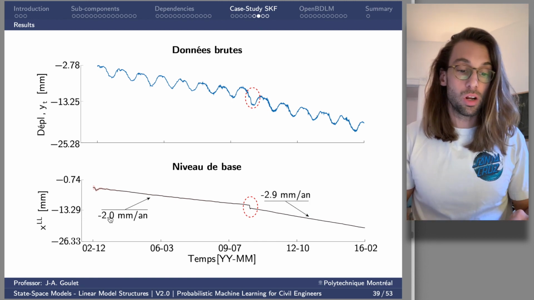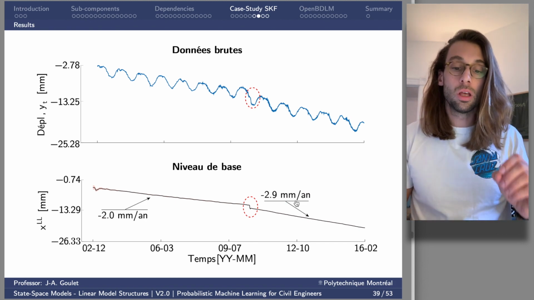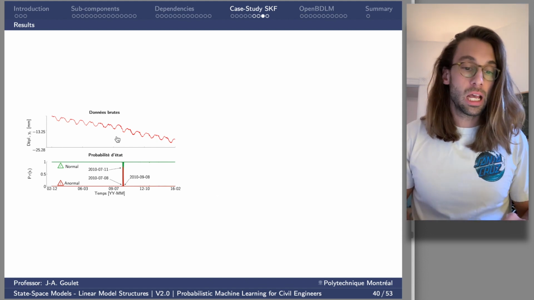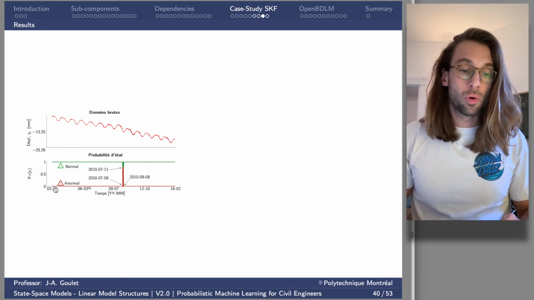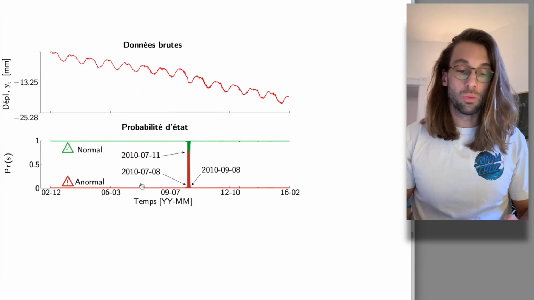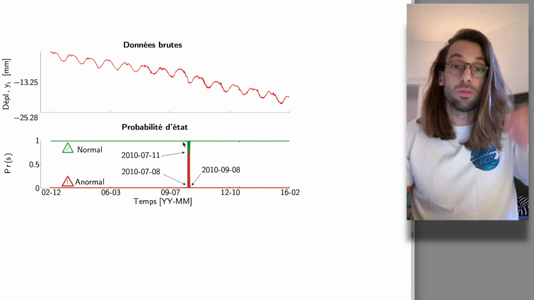Before intervention, the rate of change was 2 millimeters per year. After intervention, minus 2.9 millimeters per year. If we look in more detail, this is the raw data. This is the probability of the abnormal regime. Initially it was 0, and the green one is the complement, so the probability of the normal regime.